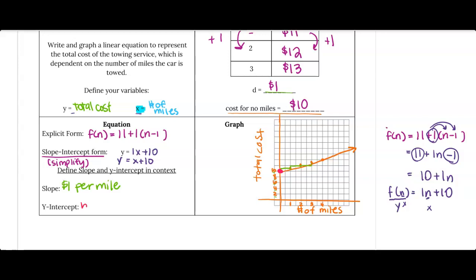So it's your base cost of service, which was $10. That's your flat fee, the thing that you pay just the one time. We see this in our equation because it was 1x and $10 to start with.